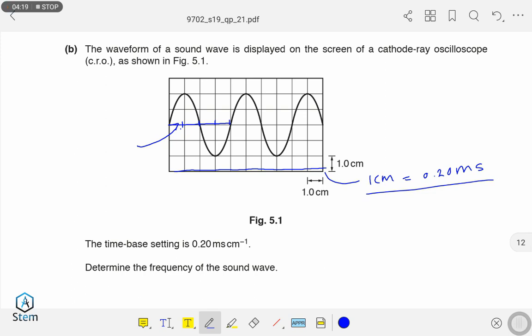Now, if we look at one wavelength from this point to this point, it has a period of 4 centimeters, so that's 4 times 0.2 milliseconds because each centimeter is equal to 0.2 milliseconds. So 0.2 times 10 to the power minus 3. So the period would be equal to 0.8 times 10 to the power minus 3.